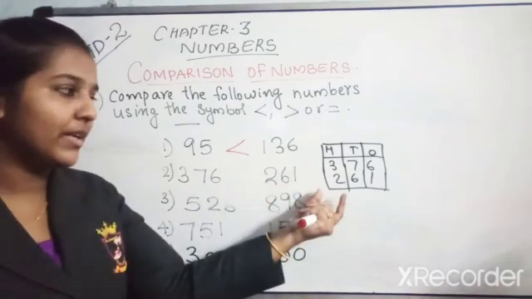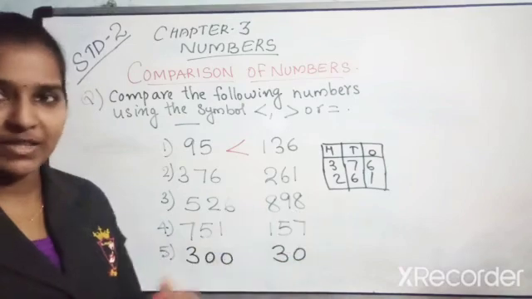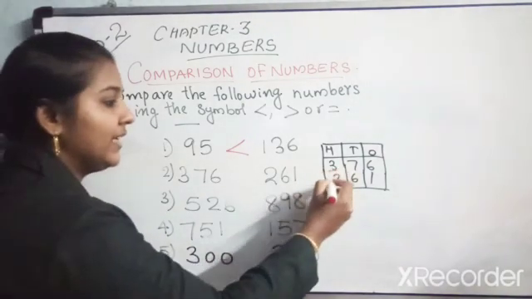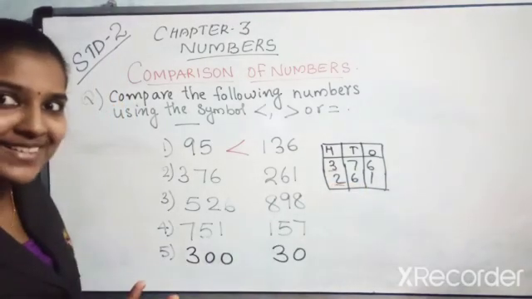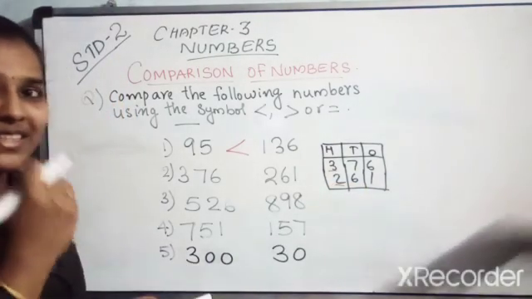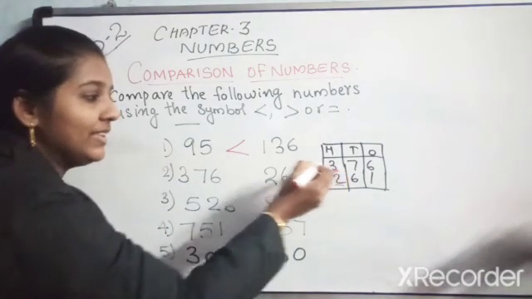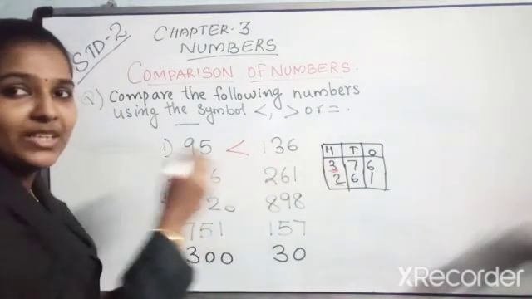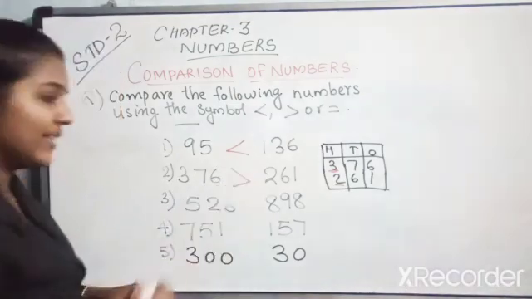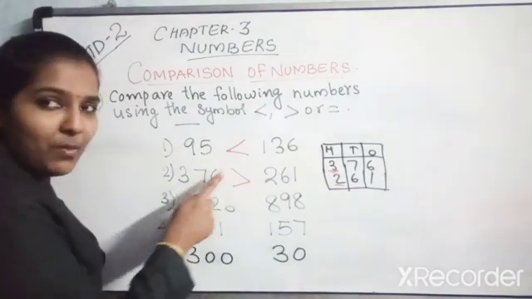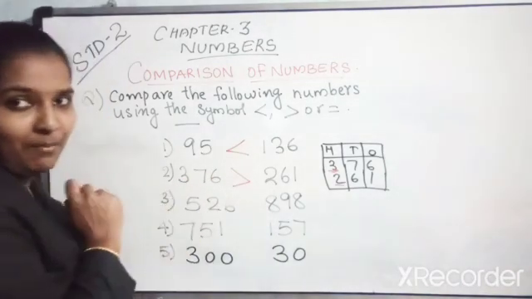So you compare the digits in hundreds place first. So here in hundreds place, the digits are 3 and 2. Which is greater children? 3 is greater than 2, isn't it? So the number which is having 3 will be the greater number. You can put the greater than symbol here. Got it? The mouth of the symbol will open towards the larger number.